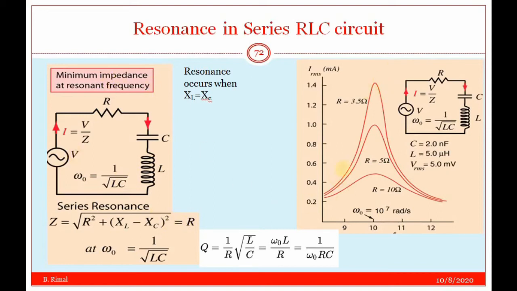This is the curve for current versus frequency. At this frequency, maximum current will flow, and the frequency corresponding to maximum current is the resonating frequency. The resonating frequency is given by omega naught equals 1 upon root under LC. We also know the quality factor Q can be represented by this formula.